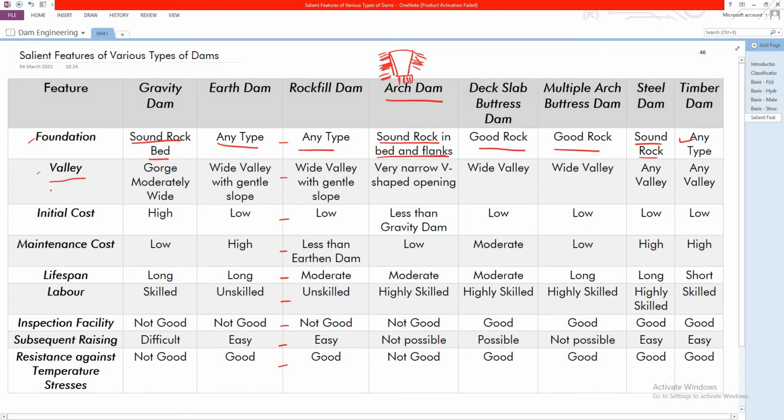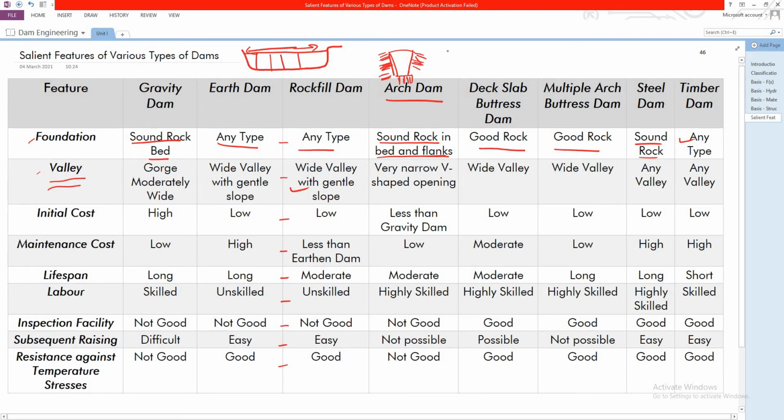Then regarding shape of valley, okay, meaning what kind of opening is required for the construction of that specific type of dam. So in case of gravity dam, the gorges should be moderately wide. Okay, the width of opening should be wide. Then in case of earthen dam, the valley should be wide and the slope should be gentle, and it is the same for rock-fill dam. Then in case of arch dam, the valley should be V-shaped and very narrow.